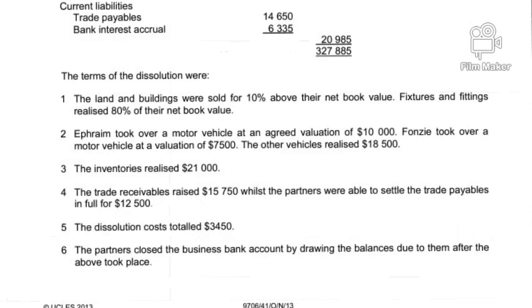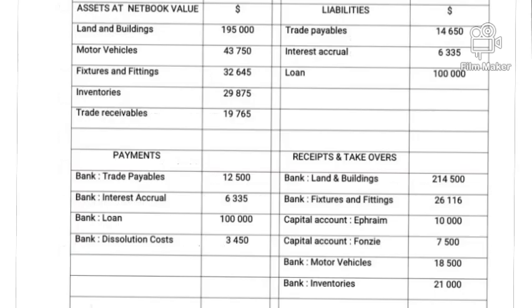The inventories realized 21,000. It means that inventories or stock were sold for 21,000. So I'm going to record bank, semicolon, inventories, 21,000.